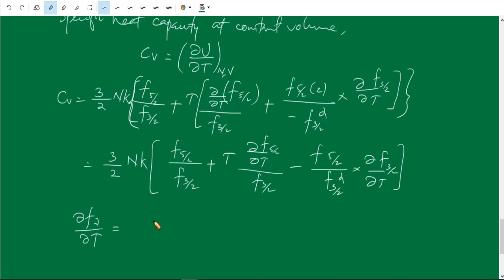Okay, so this is equal to dou by dou T of f nu, which is z minus z square divided by 2 raised to nu.